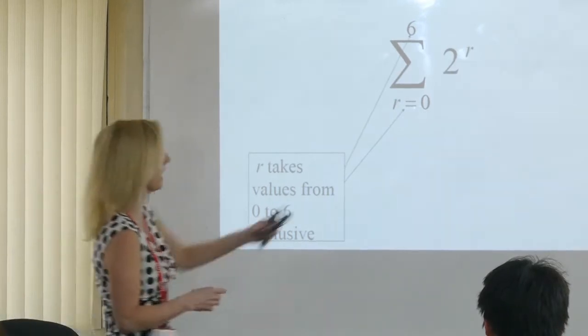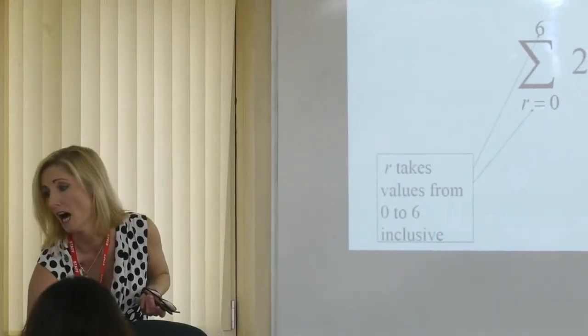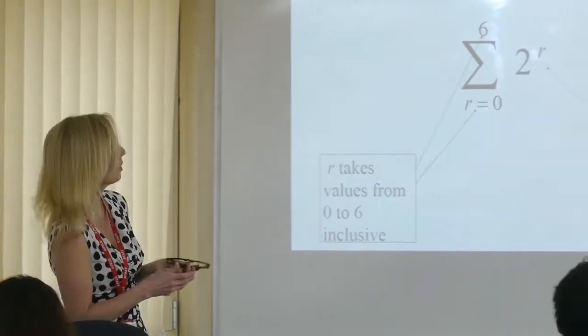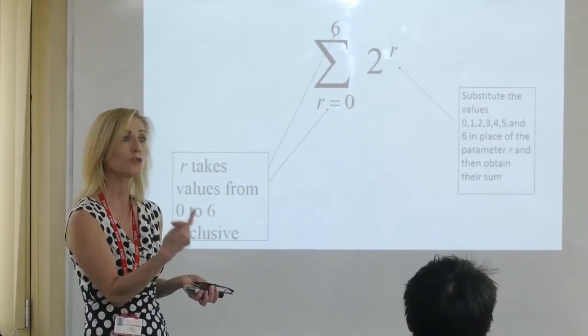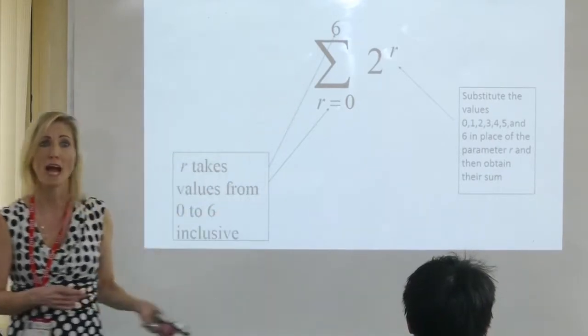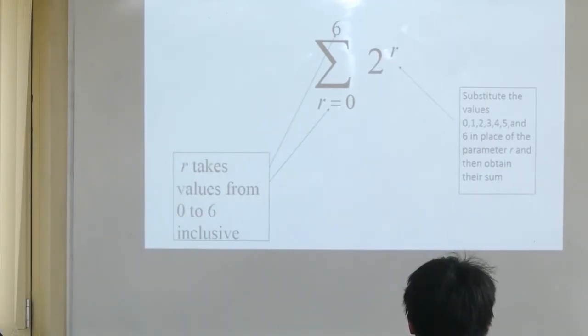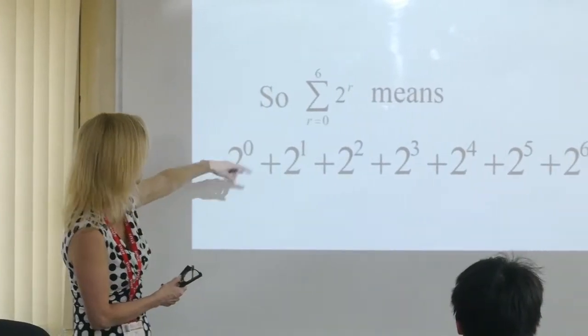So you have to use that in order to work out what your starting value is. The formula that you're going to be using is always here, and that will be in terms of R. Okay? So what we're going to be doing is in turn substituting in the values 0, 1, 2, 3 and so on until we reach the uppermost value. Okay, right. So what would all of that come to? Let's have a little look.